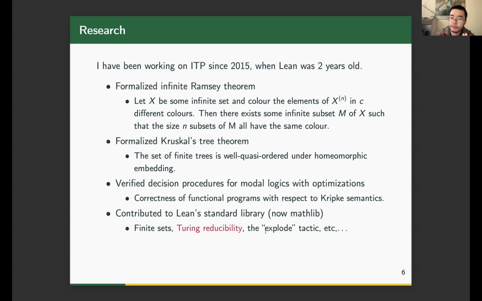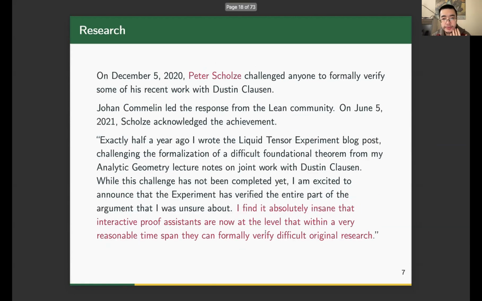And we have some tactics, but you're probably not interested in that. And we developed a link between Mathematica and Lean, so we can perform numerical computation in Mathematica and import it to Lean and vice versa.